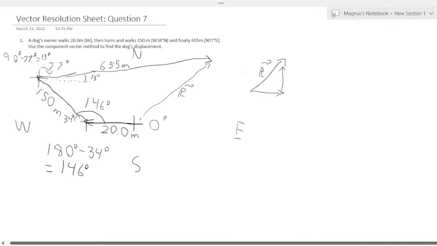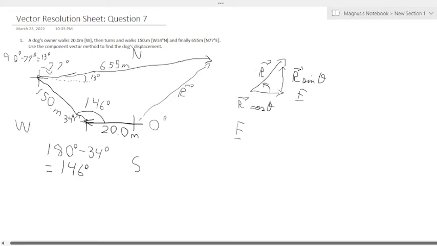To find its x component, you do resultant cos theta. To find its y, we do resultant sine theta. Theta being the angle it is relative to 0 degrees, or your east, and r being the length of your vector.